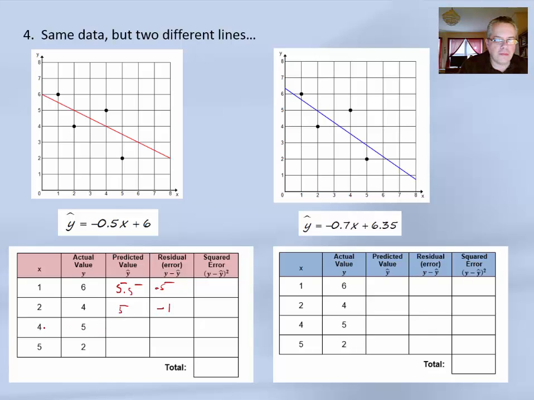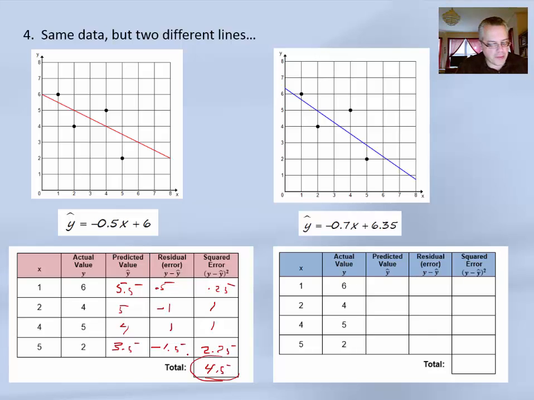When we put in x equals 4 into the equation, we get 4. Yeah, I can see that from the graph. 4, go up to the line, it's 4. 5 minus 4 is 1. And then when I put in 5, I get 3.5. 2 minus 3.5 is -1.5. Square them. So it makes them all positive. 0.25, 1, 1, and 2.25. And when I add them up, total squared error for this line is 4.5.